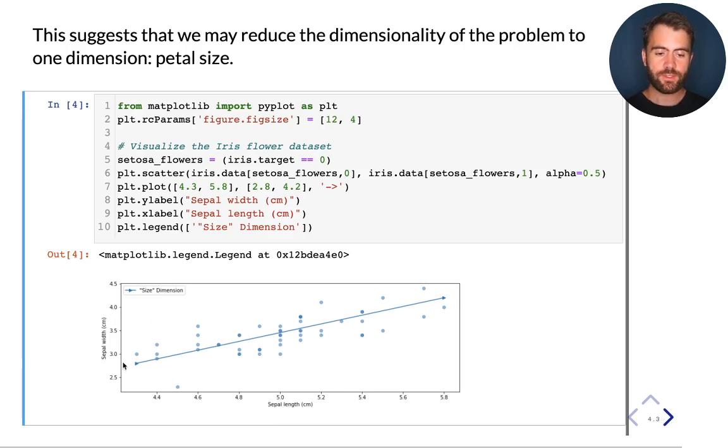Here I'm visualizing these two attributes in 2 dimensions, and you can see that these measurements, which are both in centimeters, are closely correlated. Essentially, when a flower has a large sepal length, it also has a large sepal width. And of course, this is fairly reasonable. If a plant is large, then the measurements of all of its parts will also be large.